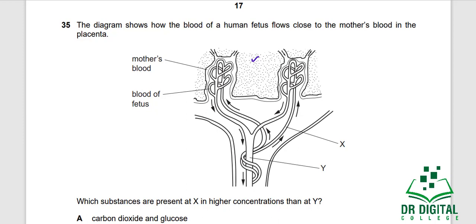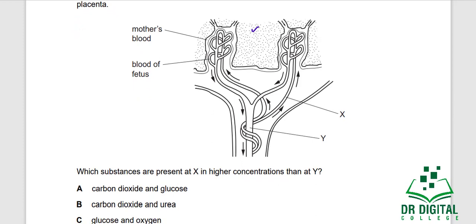Okay, so carbon dioxide is higher in X than in Y. Carbon dioxide is going here, and carbon dioxide is more in X, and glucose is also. So carbon dioxide can be more in X, but glucose cannot be more in X, because we have to take glucose from the mother's blood. So A is wrong. So B is carbon dioxide and urea.